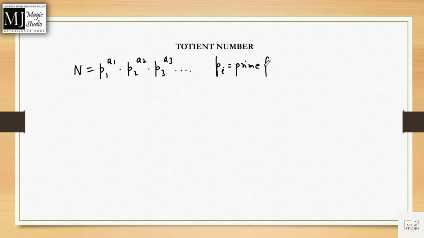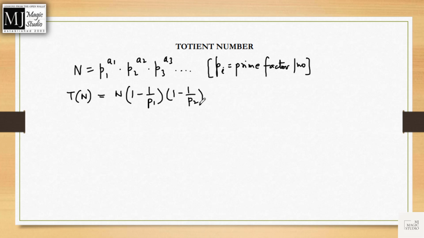This is known as prime factorization. So the Totient number of any natural number n is given by n into 1 minus 1 by p1 into 1 minus 1 by p2 into 1 minus 1 by p3 and so on.